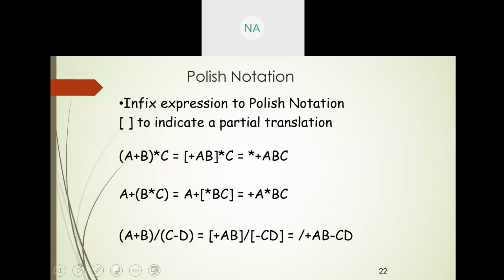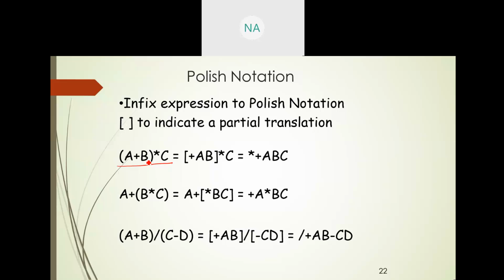Now, infix expression to Polish notation. For example, this is the infix notation. Here we have used parentheses, so there is no need to use the precedence rules. You can find the corresponding Polish notation of this infix expression very easily. You start evaluating the expression from those subexpressions which are written within the parentheses.